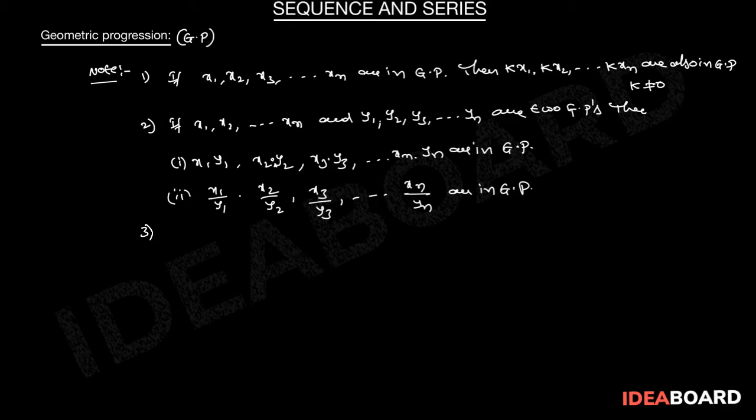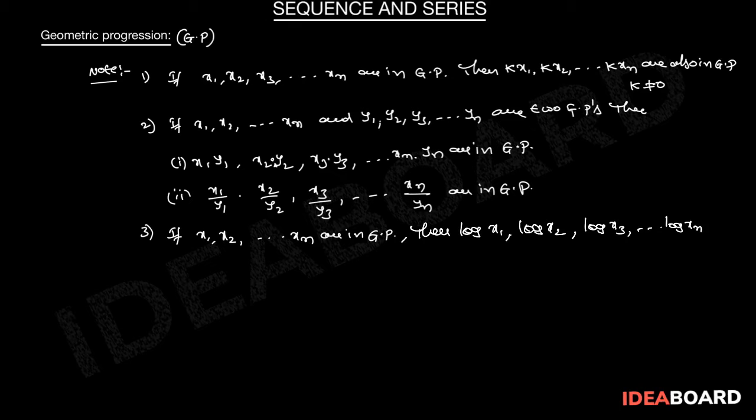Third point is, if x1, x2, and so on xn are in geometric progression, then log x1, log x2, log x3 and so on log xn are in arithmetic progression. Here x1, x2, x3 and so on xn are greater than 0.